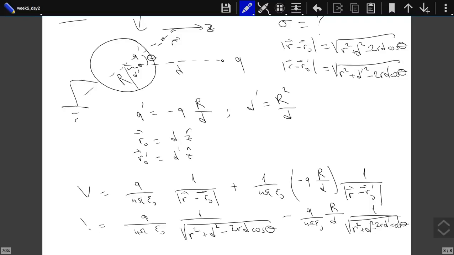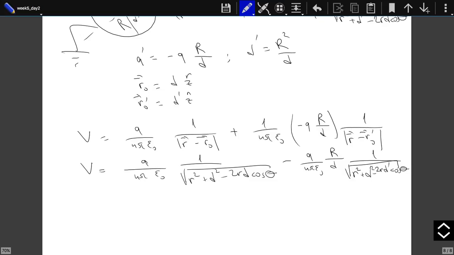This is my potential. Let me keep d prime as d prime for the time being. I will put in its value eventually.